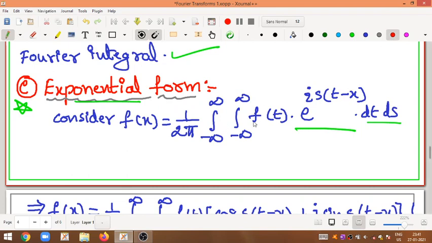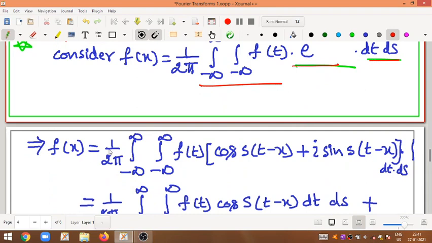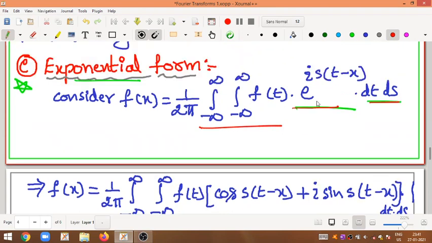Then we expand this exponential of is into t minus x.